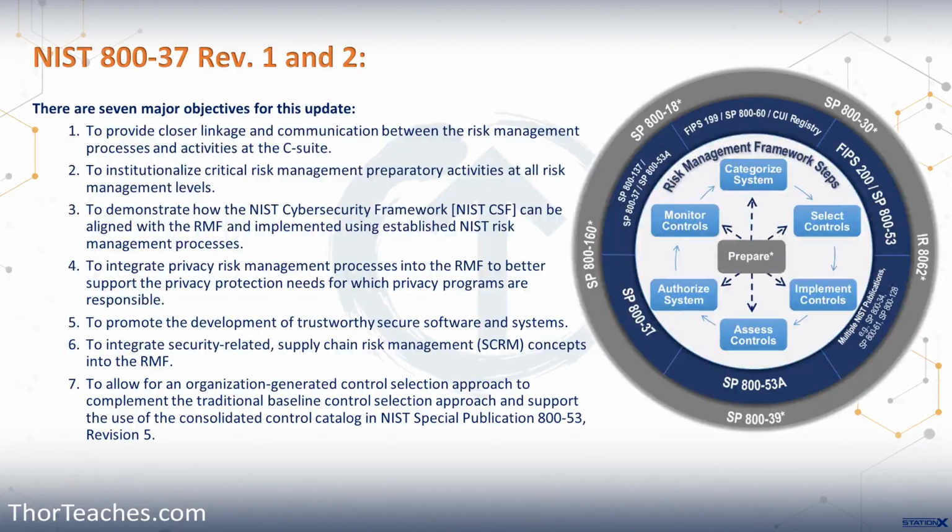Another big change in 800-37 Revision 2 is that we integrate the privacy risk management processes into the risk management framework. That did not exist at all in Revision 1. It did exist in 800-53, but never in 37.